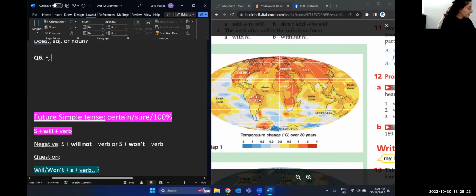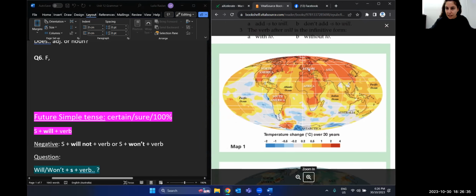The second question says the temperature change in the northern hemisphere, so up here, is higher than the south hemisphere. The temperature in the top part of the world is higher than the bottom half.